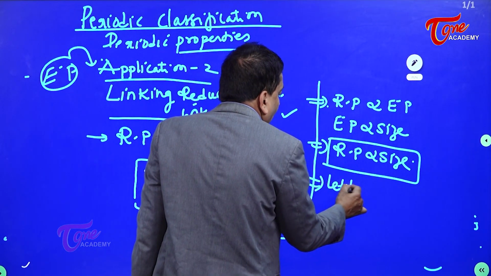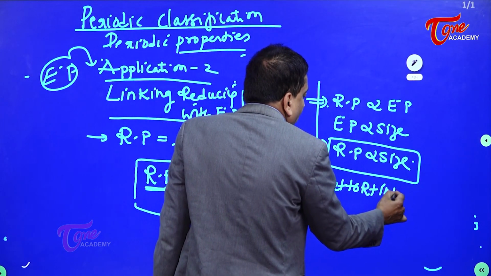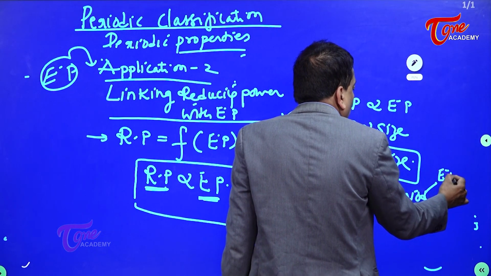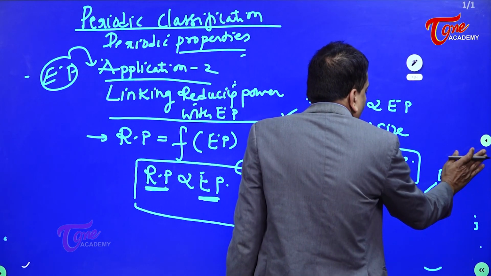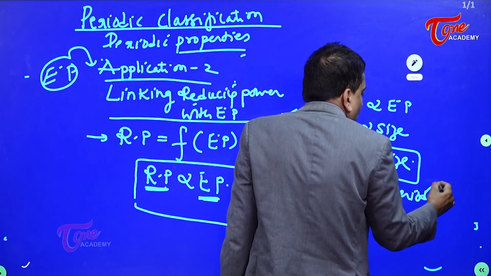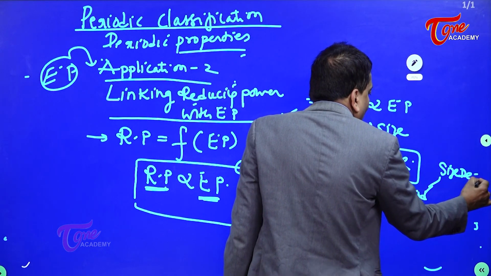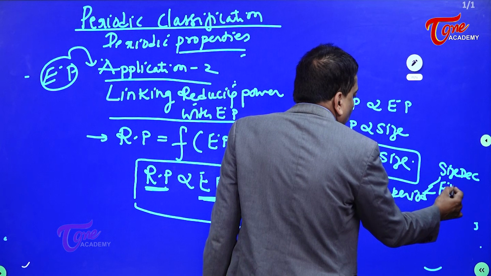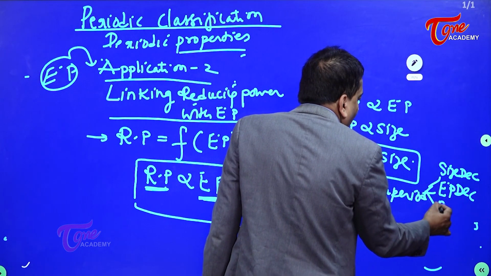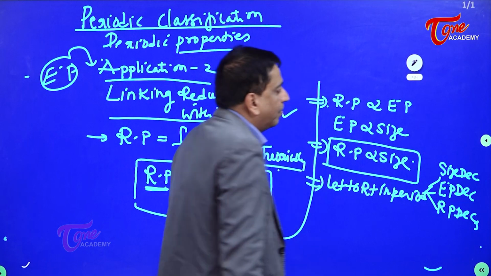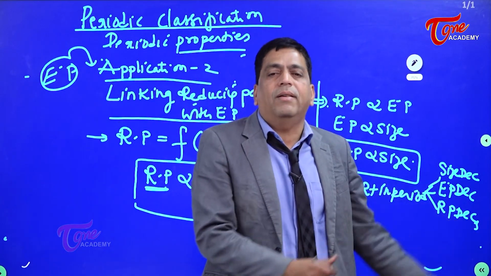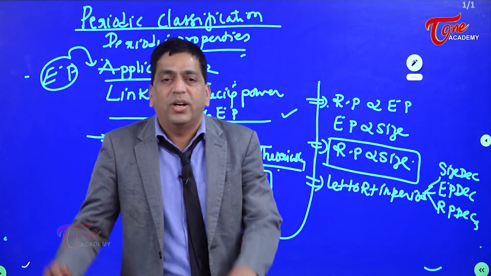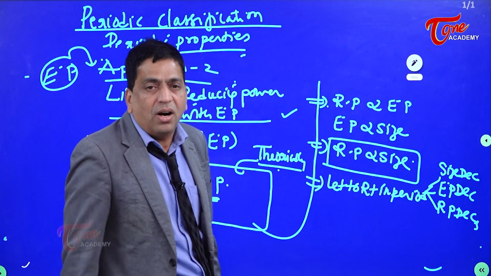If this is the case, it implies that left to right in a period, the size decreases. So naturally EP will decrease, and I can simply say even RP decreases. Size decreases from left to right, so the vomiting tendency decreases from left to right, so the reducing power must also decrease from left to right.